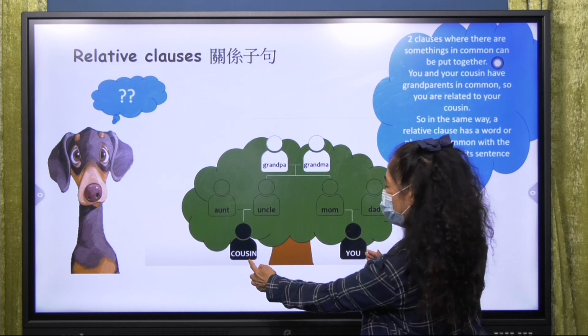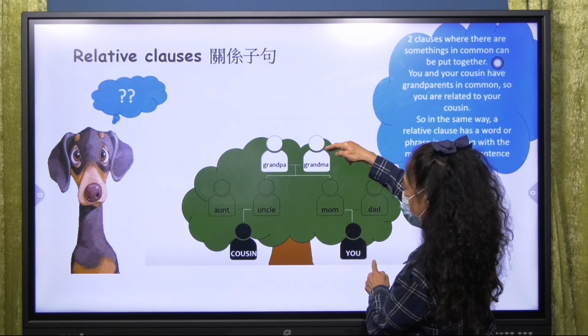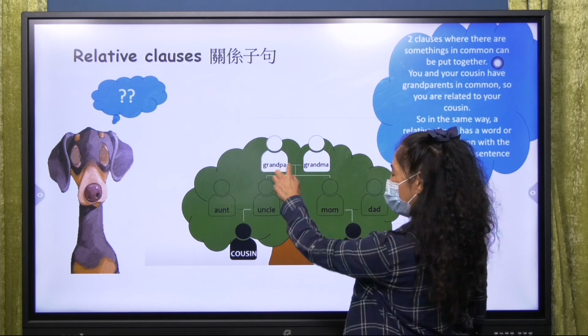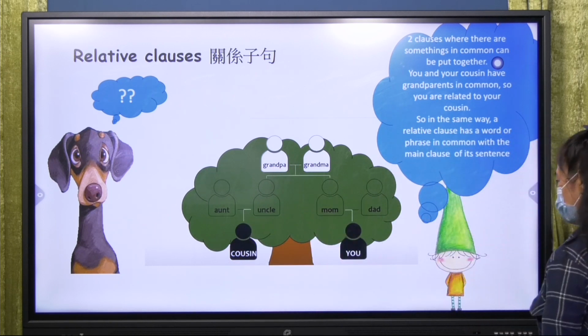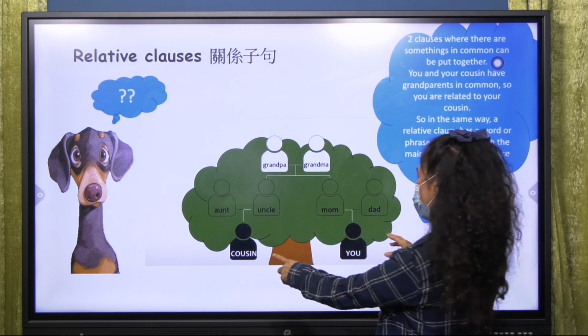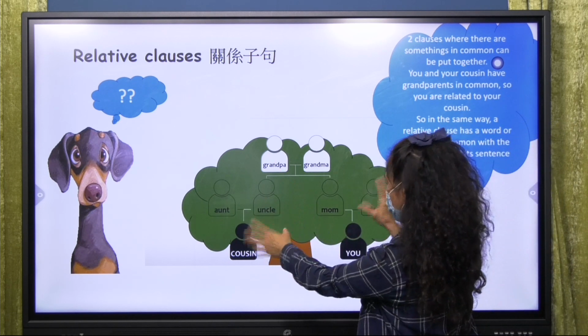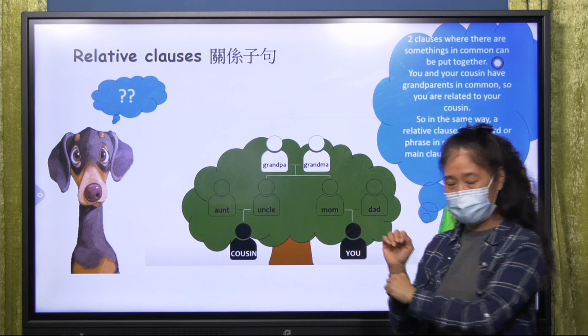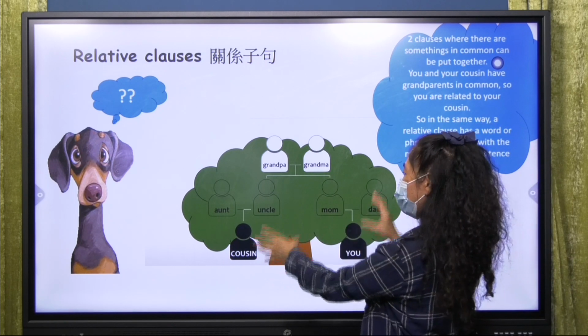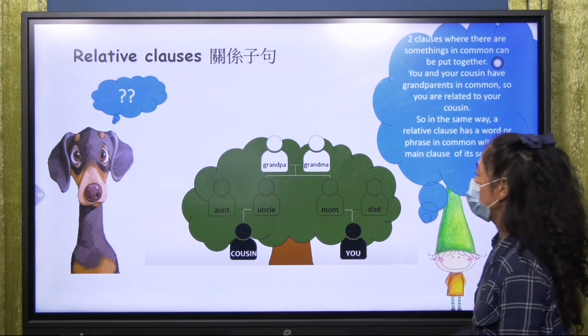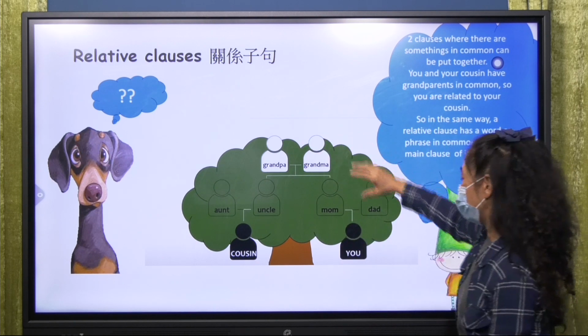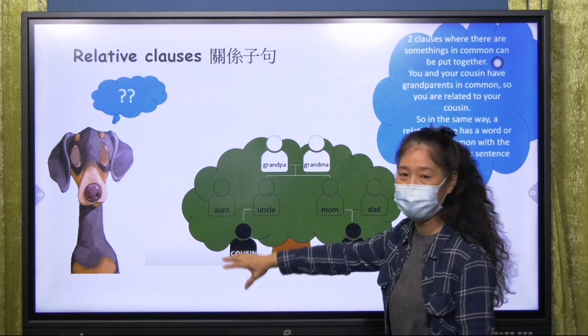You and your cousin, you have your grandparents, your cousin has her grandparents as well. Both you and your cousin have grandparents in common, okay? So these are the grandparents of you, these are the grandparents of your cousin.